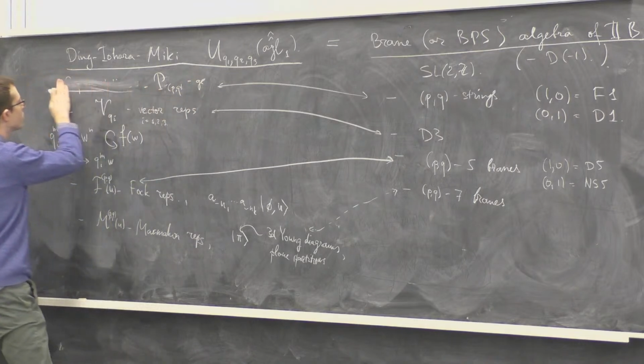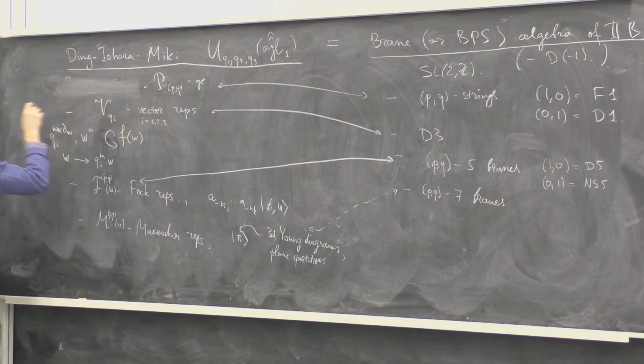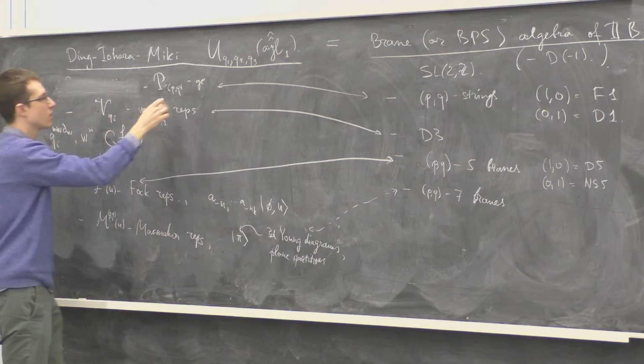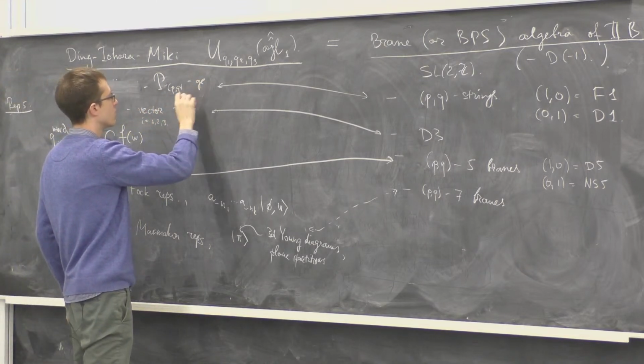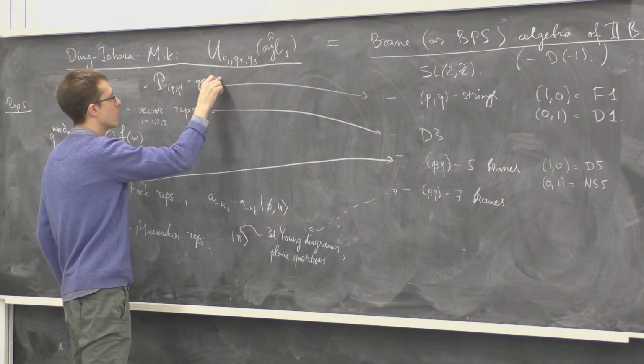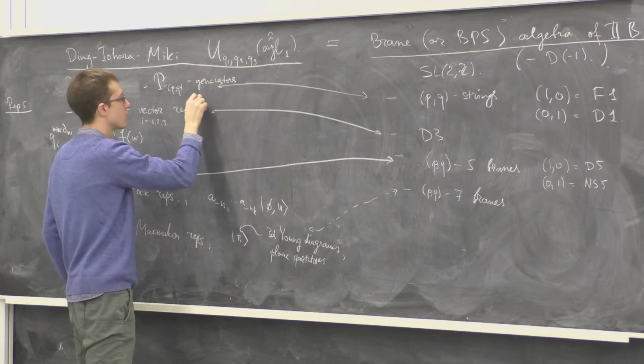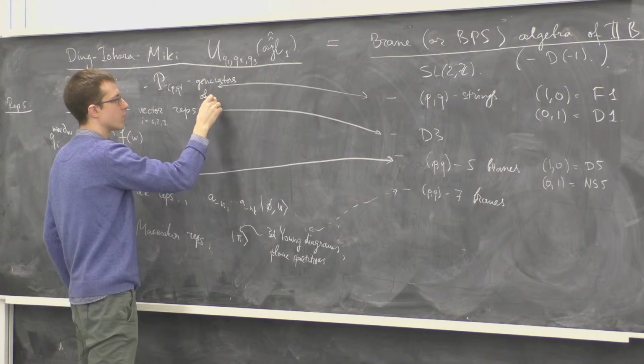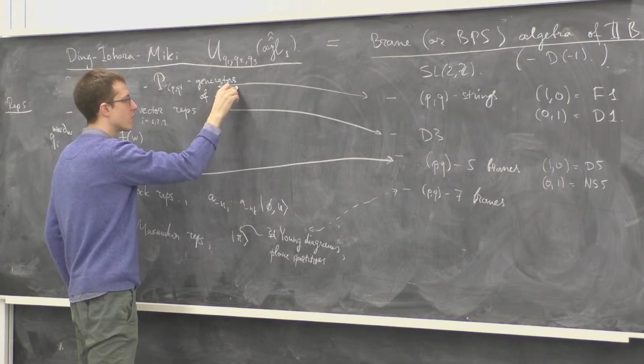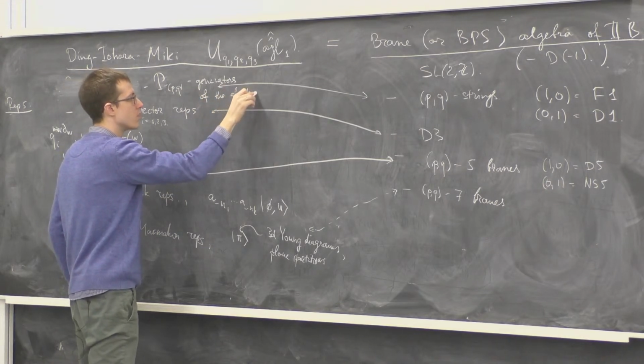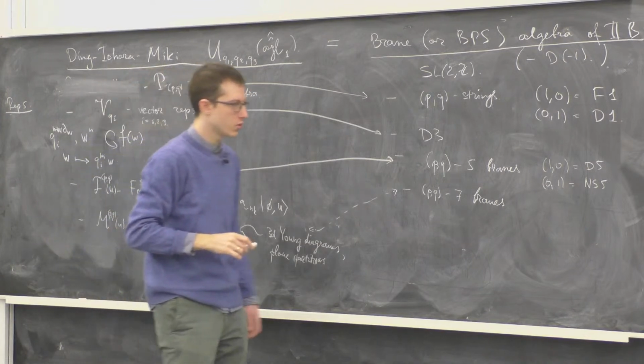So these representations are... So this is, start here. So there are these generators of the algebra. We'll see more precisely what it means.